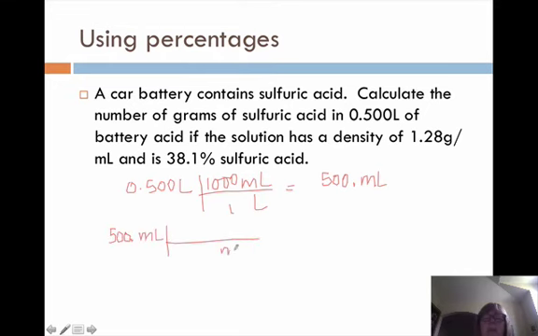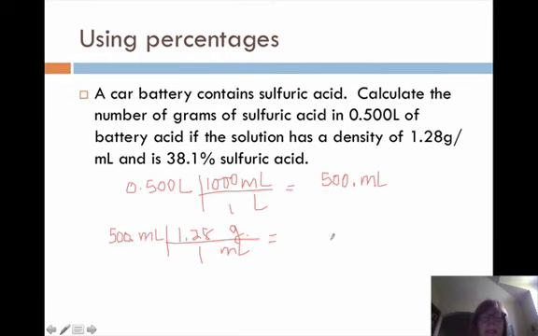So let's start with our 500 milliliters. We don't want milliliters, we would like grams. Our density is 1.28 grams per milliliter. Oh goodness, I don't have my calculator.